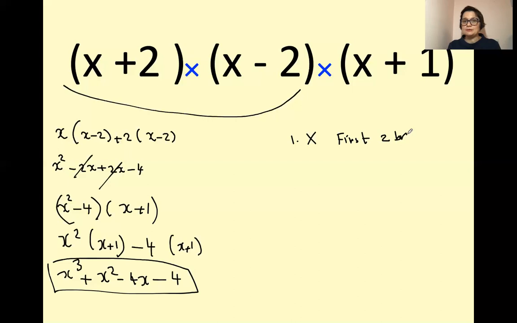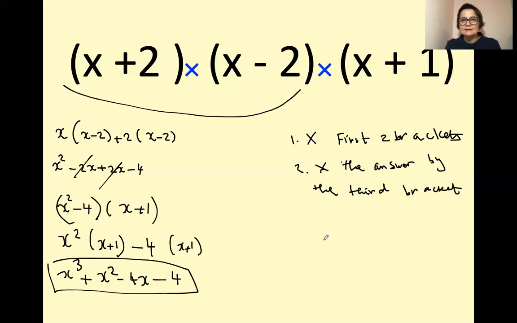And then step number 2: multiply this answer by the third bracket. Just like that, one by one.